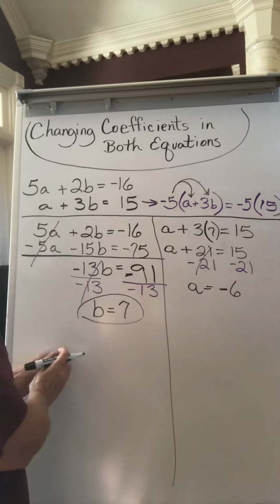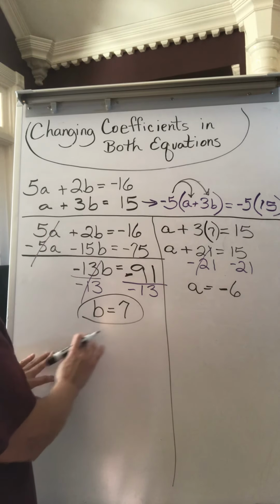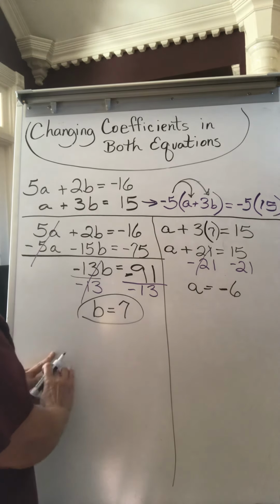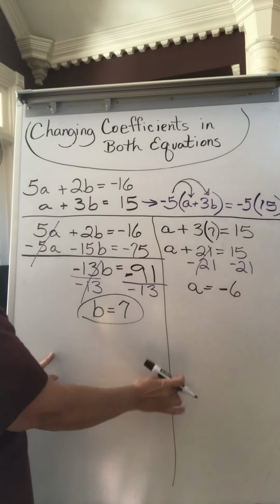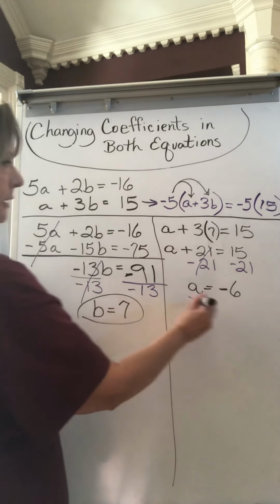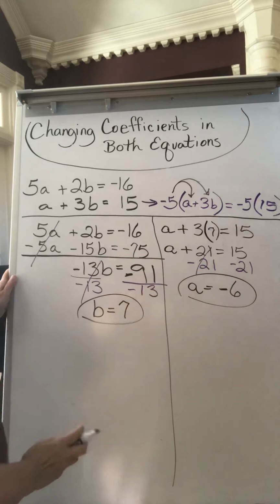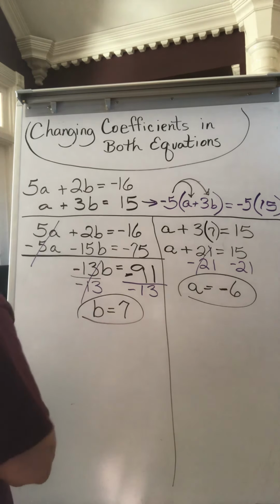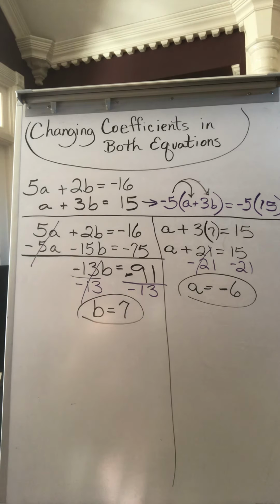If I'm at -21 on my number line and I add 15 to it, it's going to put me on my number line here at -6. So a is going to be the amount of -6. B is going to be the amount of 7.